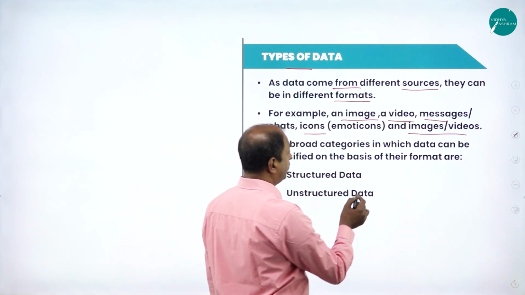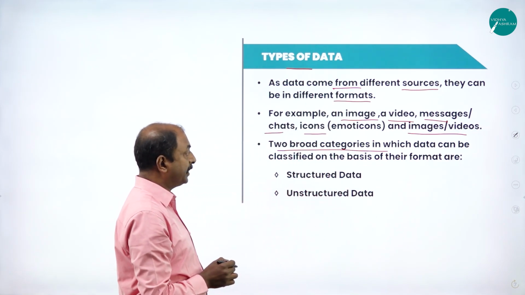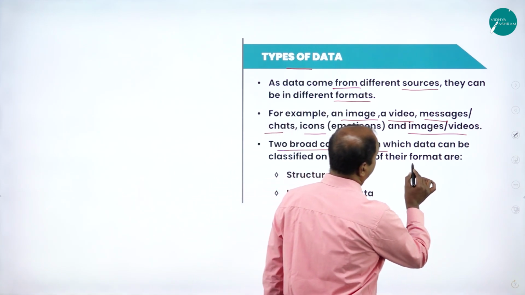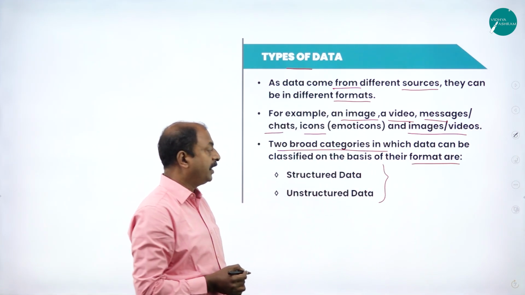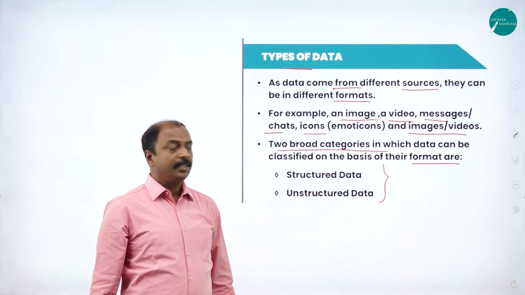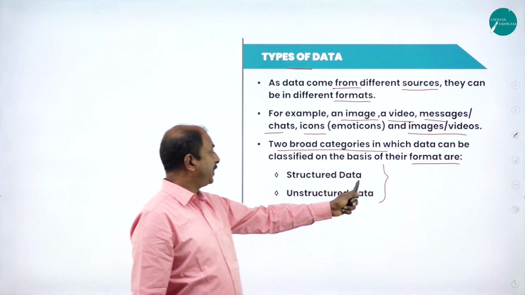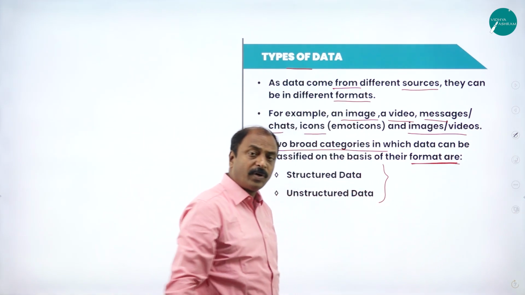Based on their formats, data can be classified into two broad categories: structured data and unstructured data.